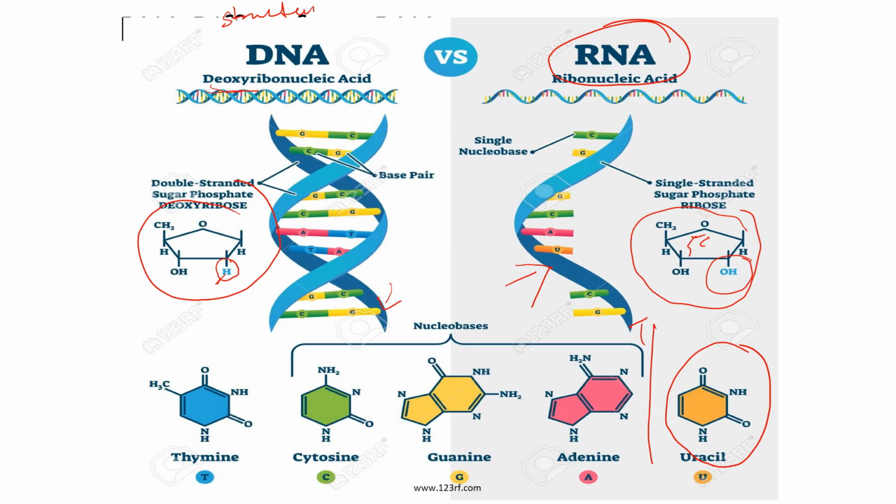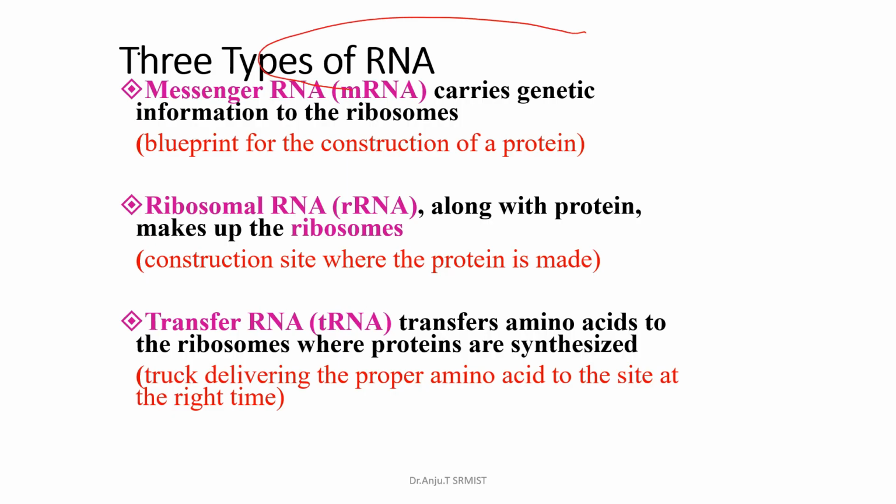a single stranded structure. And if we see the RNA, there are different types of RNA based on the function they perform. So the first type is mRNA. It gets its name from the function, that is, it carries the message, information for the protein. So it is called messenger RNA.